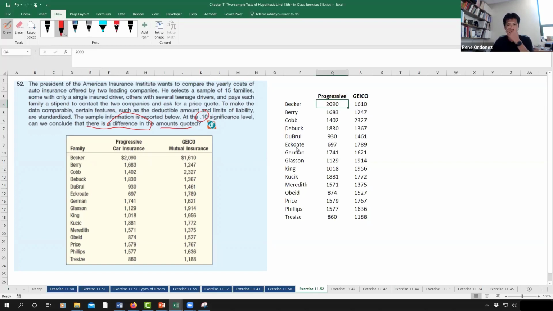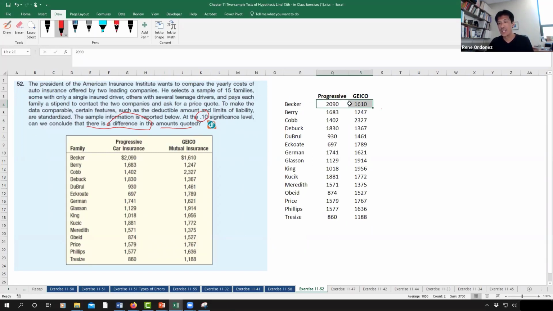Okay. So again, this is an example of dependent samples because the quotes given by these two insurance companies are based on a particular family.